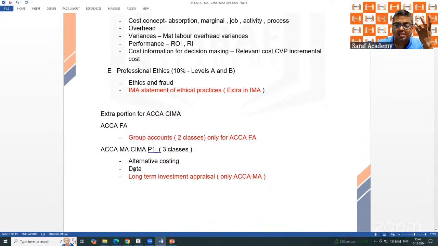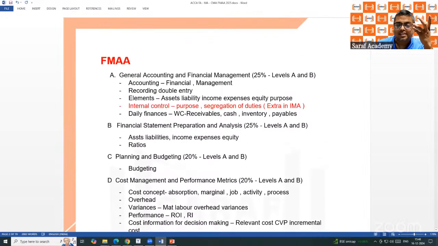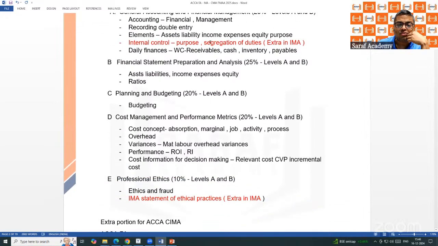The alternative costing and data analysis are common to CIMA and ACCA, but that is not there for FMAA students. And similarly, in FMAA, there are two areas. One is internal control, one is the IMA Statement of Ethical Practices. These are separate for FMAA students.